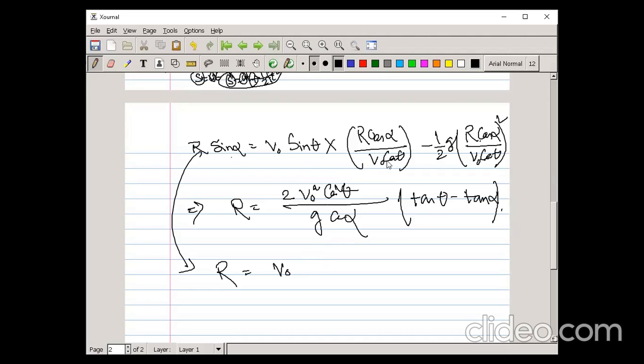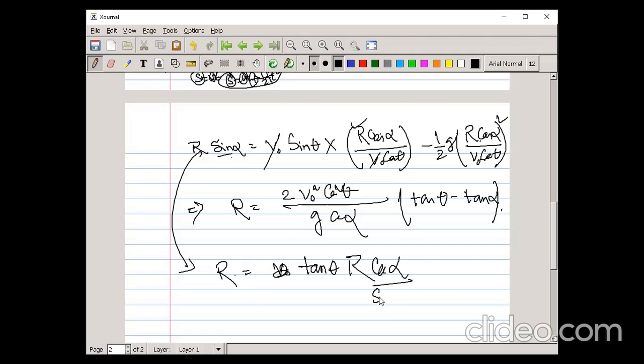This is v0 cos theta, this is v0 cos theta. So these two cancel out, and we have sin theta by cos theta. We can write it as tan theta, and here this r is there, and it is cos alpha divided by sin alpha.